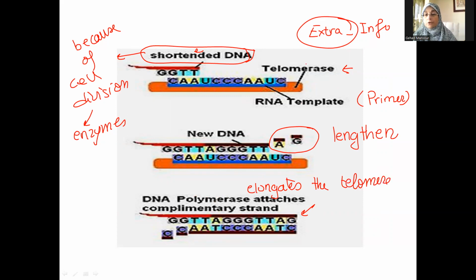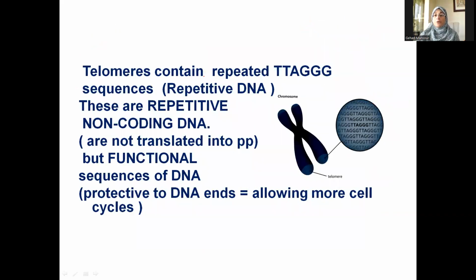So what is the function of the telomerase enzyme? It is the site that binds the RNA template on which all this occurs. This is extra information, but it gives you a good idea about the telomerase enzyme that repairs the shortening of the telomere in a trial to lengthen the age of the cell, but unfortunately, it cannot replace it altogether.